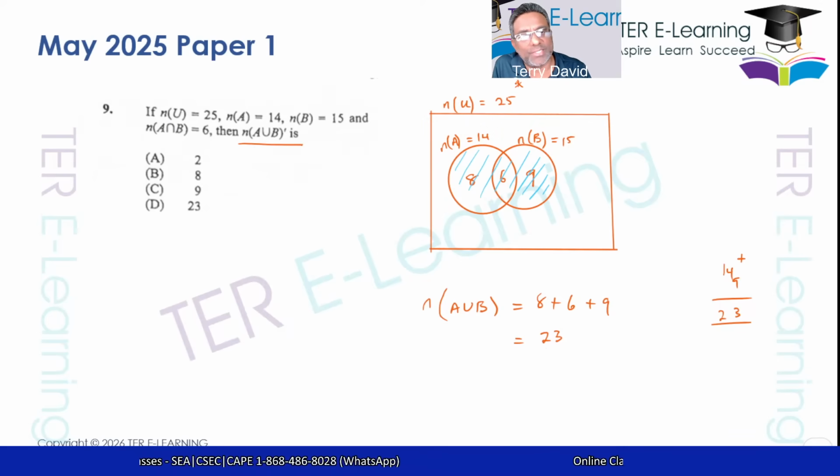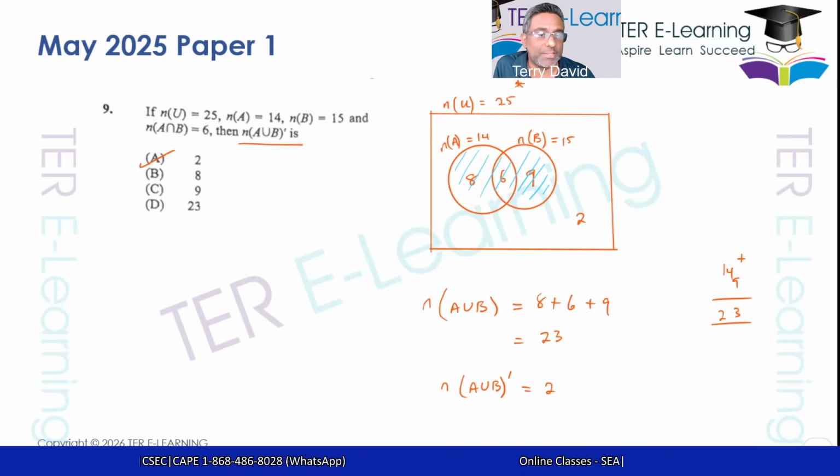But your universal set is 25, so that means we have 2 on the outside here. The number in A union B complement is simply 2. So the answer is A.